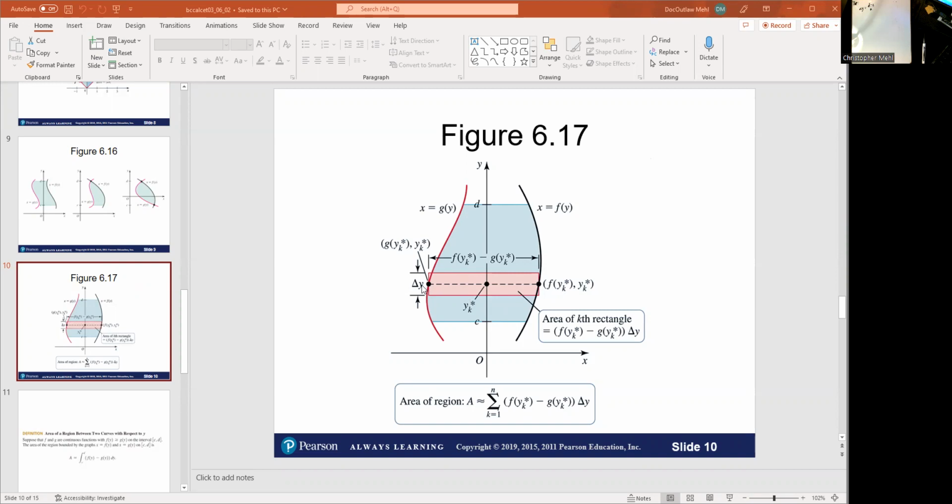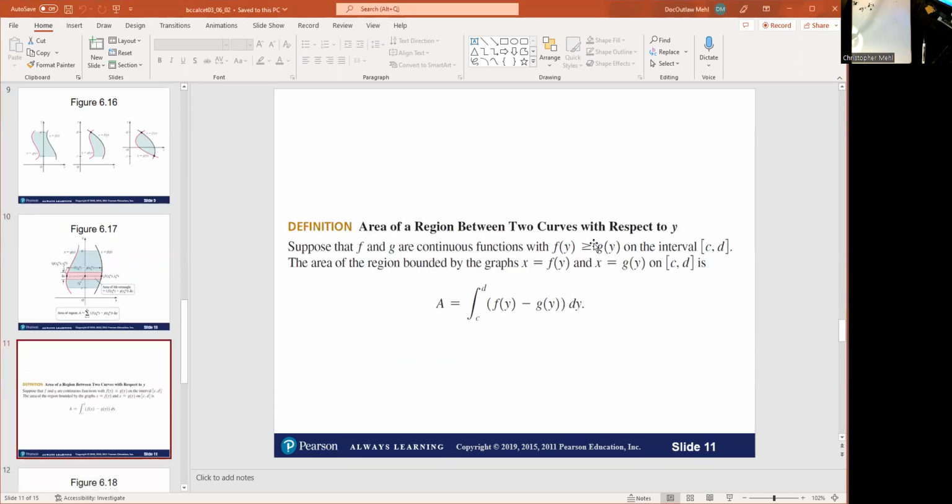Now it's a Riemann sum in terms of y. And once again, same idea. If I drive delta y to 0, that's going to drive the number of subintervals to infinity, and that's going to turn that Riemann sum into a definite integral.